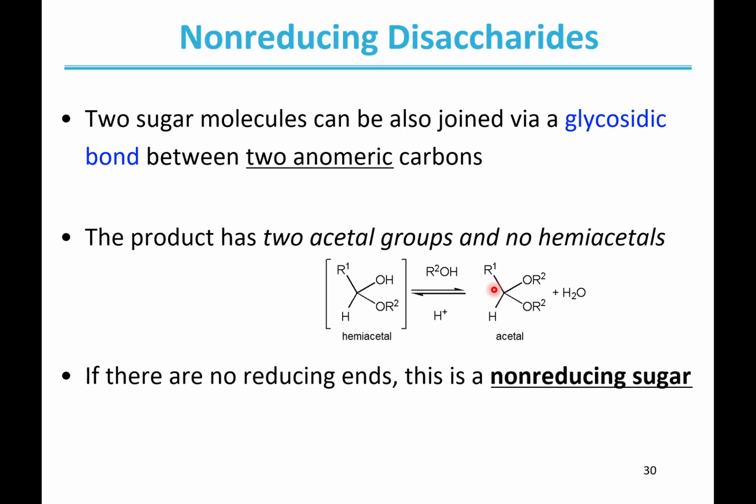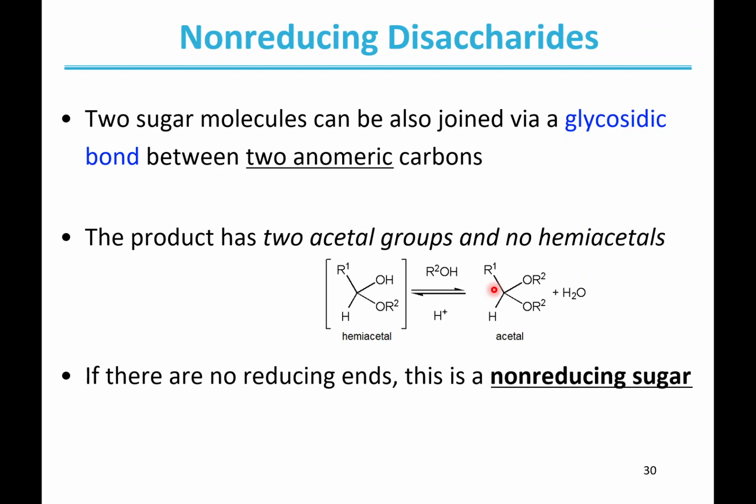Non-reducing: the disaccharides, at least the ones we've discussed, have a glycosidic bond between an anomeric carbon on one sugar and an OH group on another sugar, and that will lead to a reducing sugar on the far end all the time.